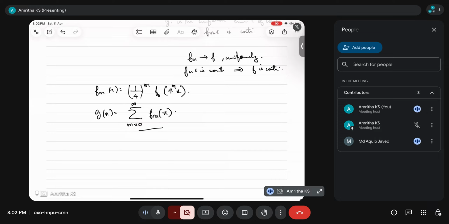We know that F0 modulus is less than 1, and here you have 4 and 1 by 4, and therefore it converges by the test. So this function is continuous.